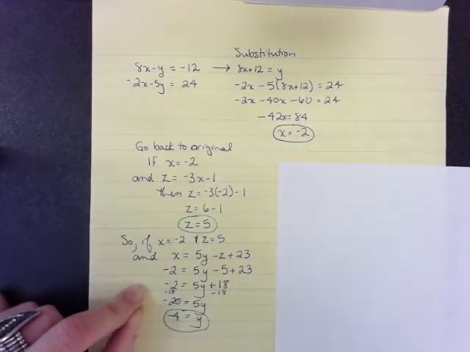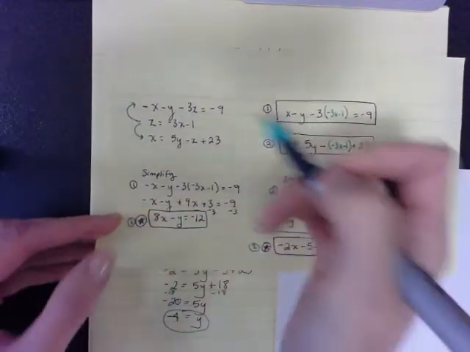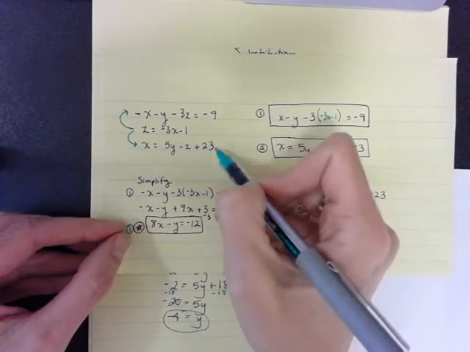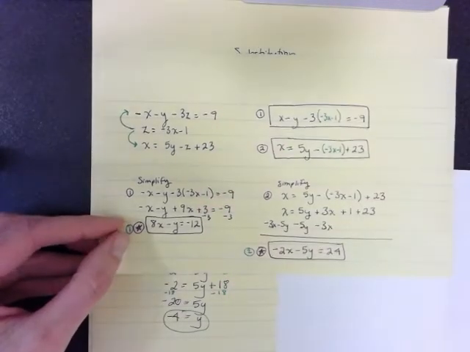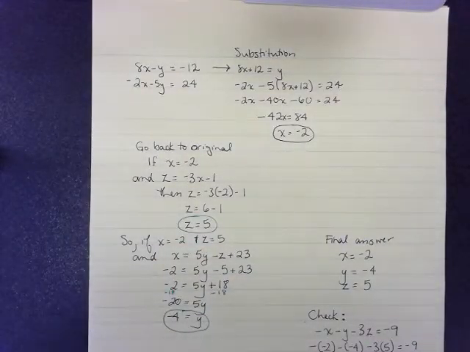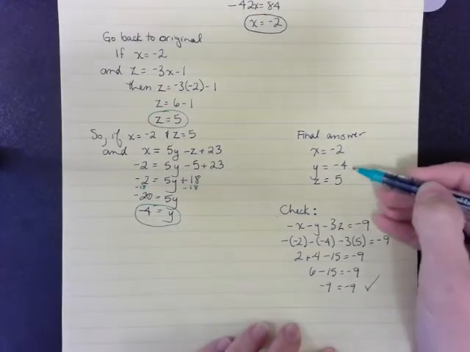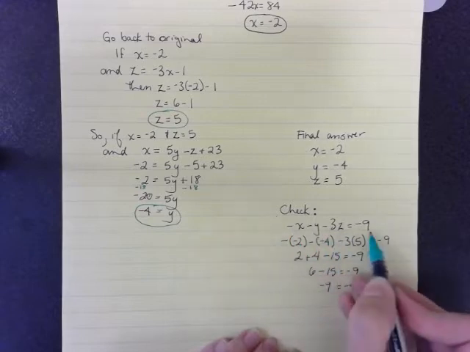And I'm not really done. I know this is a lot of work, but I'm going to go back and check. So far, I used this equation and this equation to find out x, y, and z. So I'm going to go back to this equation to check. If my final answer is x equals negative 2, y equals negative 4, z equals 5, I'm going to put those into my equation.